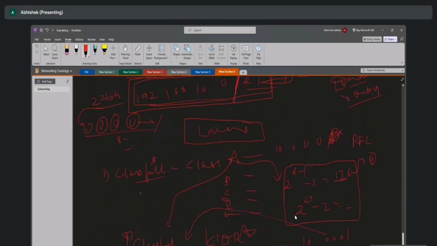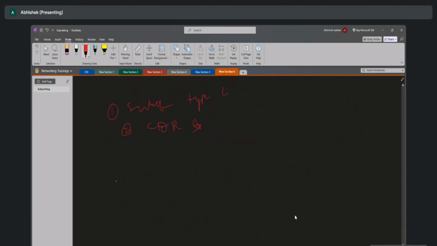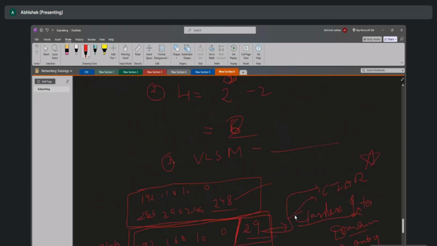Now what I want you to learn is VLSM. From VLSM, we get one value which makes the system understand which subnet a particular IP address belongs to. Let us take an example here.